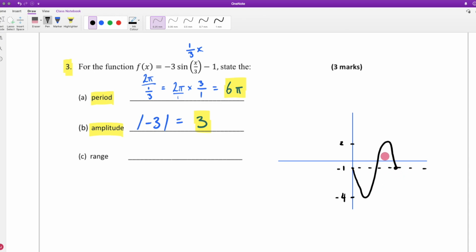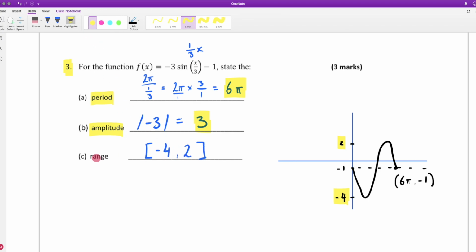Remembering that 1 period is 6 pi. I've been shifted down by negative 1, so it's going to look like that. And as you can see, my range is just the range of my y values. So it's going to be from negative 4 to 2. So I'm going to grab my pen, and I'm going to say that my range is negative 4 to 2.